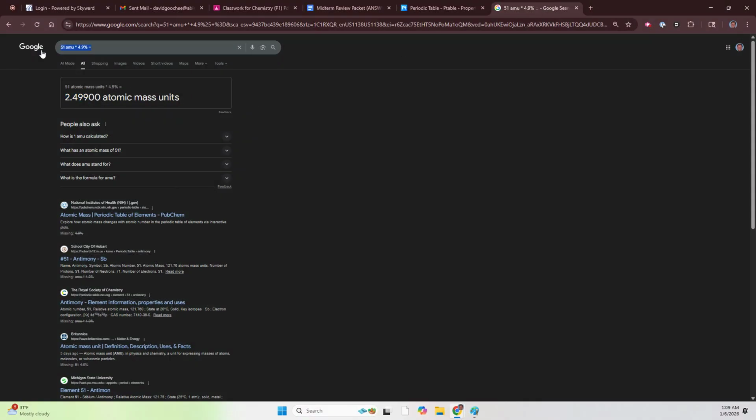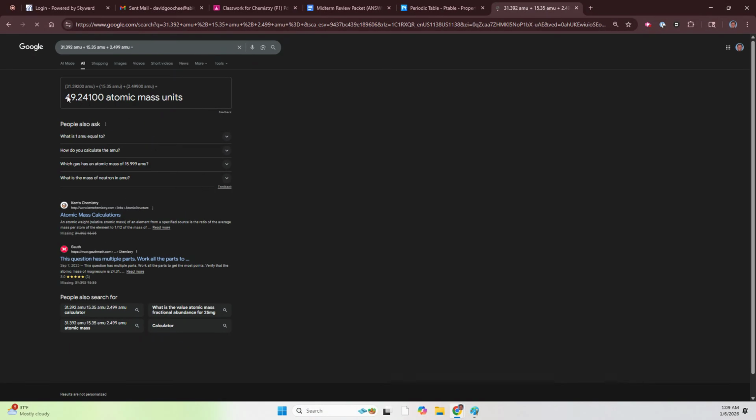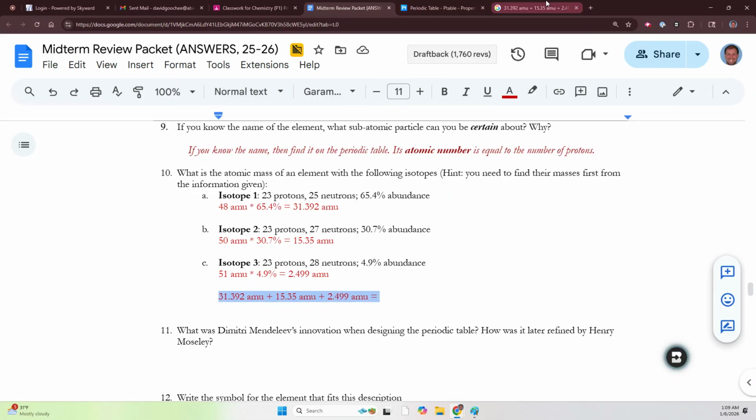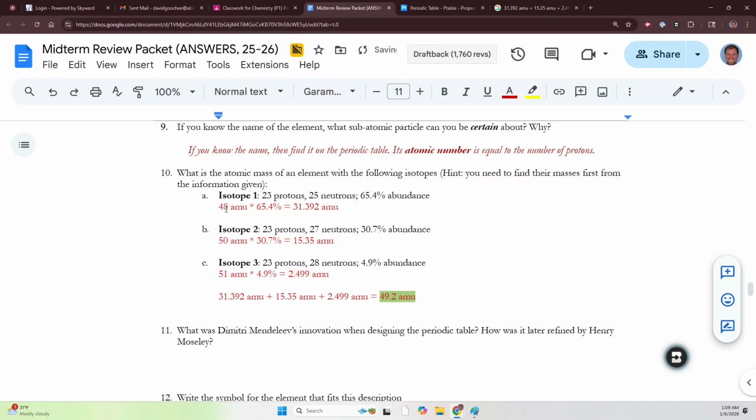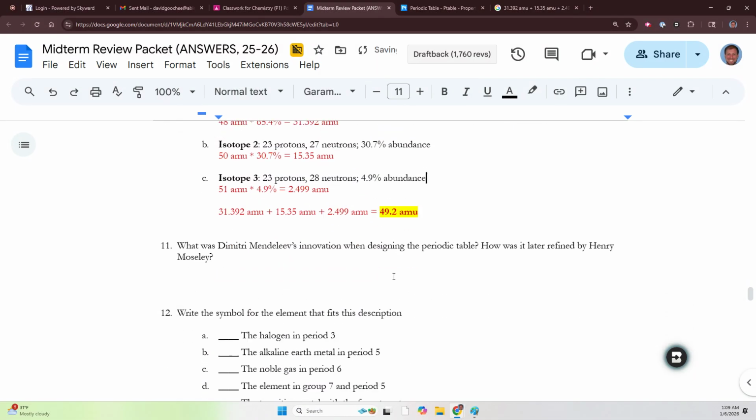Let's take a look. Yeah, 49.2 AMU. All right, so to find the atomic mass, you take the mass of each isotope times its percent abundance, and then you add those answers all together. All right, there you go.